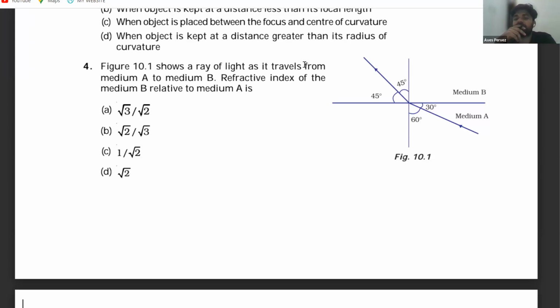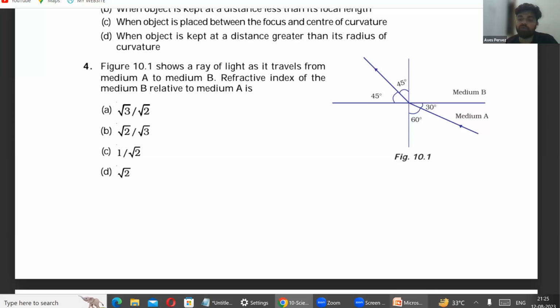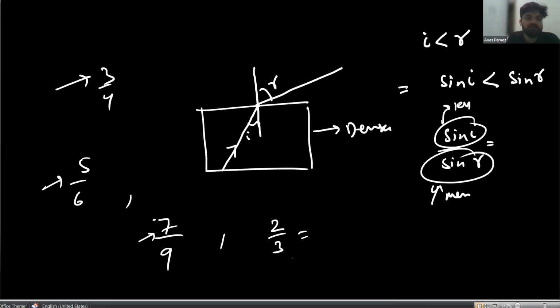So sine I. First tell me what is the value of I? 60 degree. And what is the value of R? 45 degree. So you can write sine I by sine R is equal to sine 60 by sine 45.